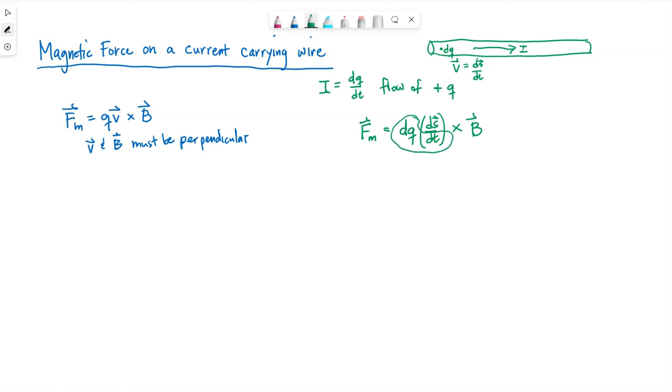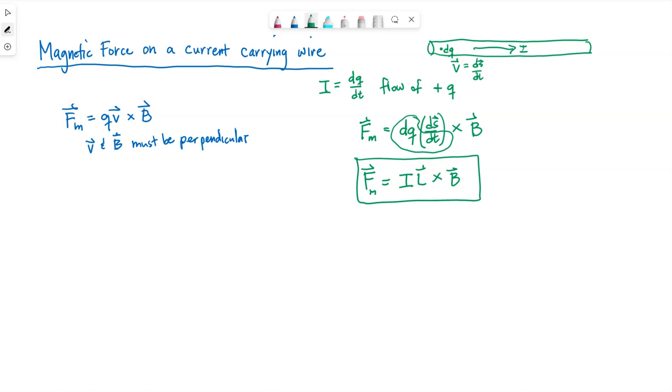The definition of current is dq/dt. Since every single piece of charge, we're pretending protons are moving, all of them would be moving in the same direction, we can just call this ds the length of the wire to account for all of them.